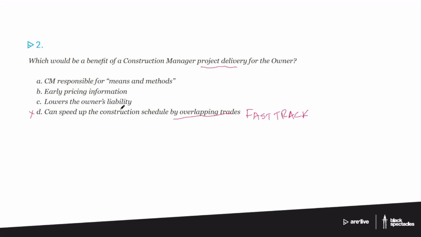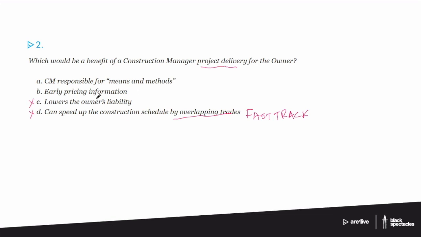But it also means if it goes to 1.3, they've just lost the 100 grand and taken the liability of that for the owner. So C is actually exactly backwards. It's not going to lower, it's going to increase the liability for the owner.